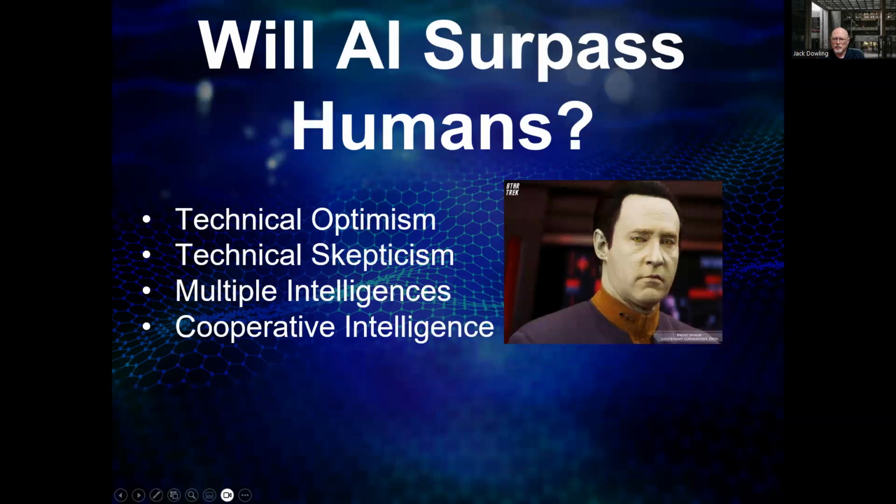So will AI surpass humans? Well, if you're a technical optimist, you believe that it'll achieve levels of intelligence and capabilities beyond what humans can do today. That's what people refer to as AGI.